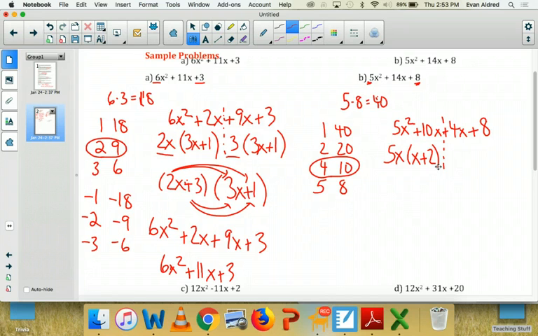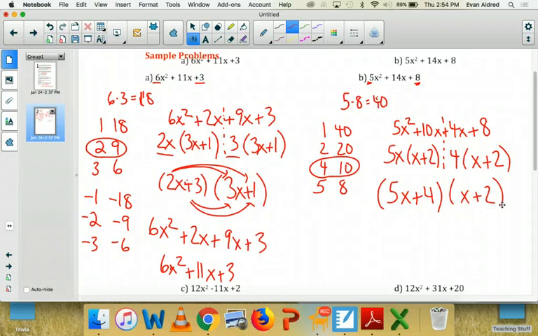So the GCF of 4x and 8 is 4. 4x divided by 4 is x. 8 divided by 4 is 2. So again, we get the same thing in brackets. That's what we want to have happen, and it has. So that will be one of our factors, and what's outside the brackets, the 5x plus 4, will be our other.